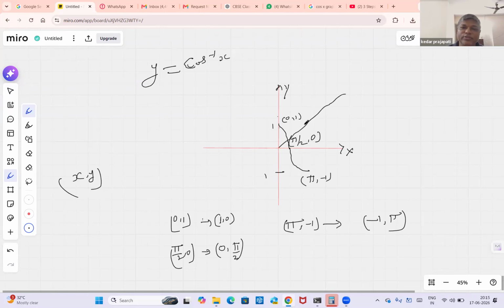A straight line passing through origin, y equal to x. This is y equal to x. Now I will fit in these points. 1, comma 0. Where will be my 1, comma 0 now? So now the curve will change. These points will change.